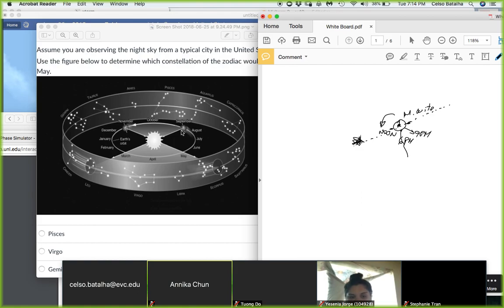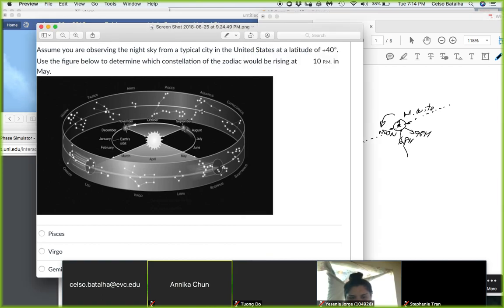So let's say this is noon, midnight up there. So 6 p.m. would be Sagittarius. So between 6 p.m. with Sagittarius and midnight, which is probably Aquarius, the constellation in the sky would be Capricorn, if we were talking about August.